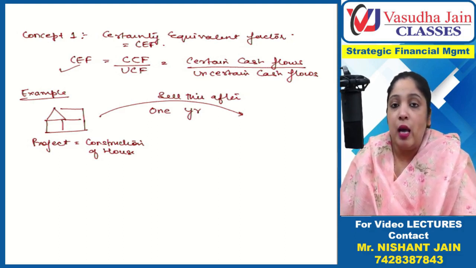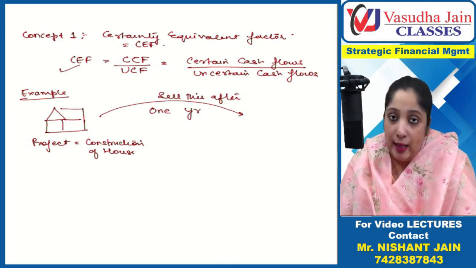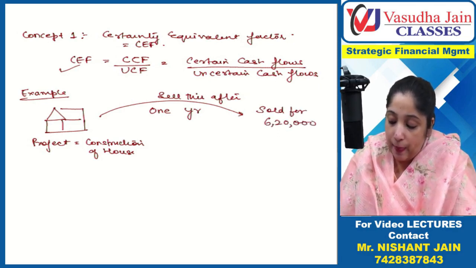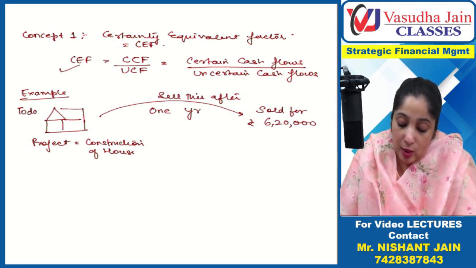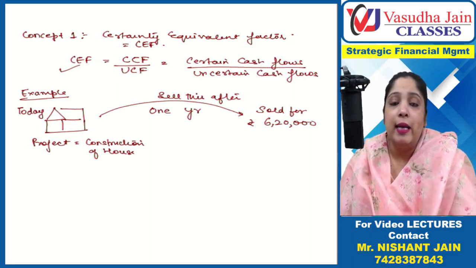So now, after 1 year, I have done a research and I am expecting that this house would be sold for 6,20,000 rupees. Now I am not certain, because today I do not know how much money I will get after 1 year, but I have done my research and I am getting an estimation.